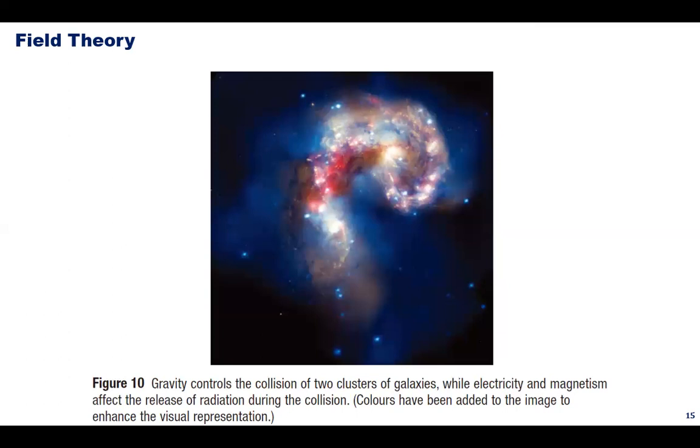Field theory states that if an object experiences a specific type of force over a continuous range of positions in an area, then the field exists in that area. Field theory can be applied in explaining the minute interactions of subatomic particles, as well as describing motions of galaxies throughout the universe.